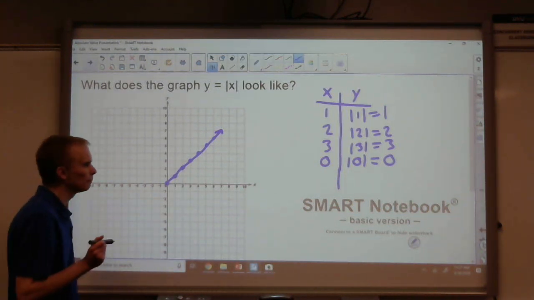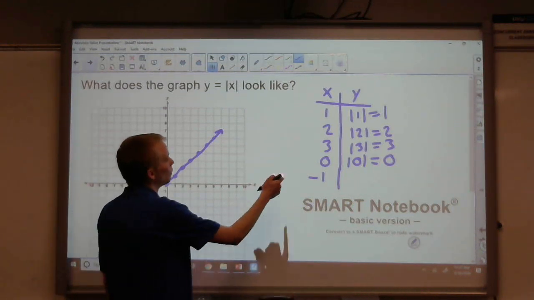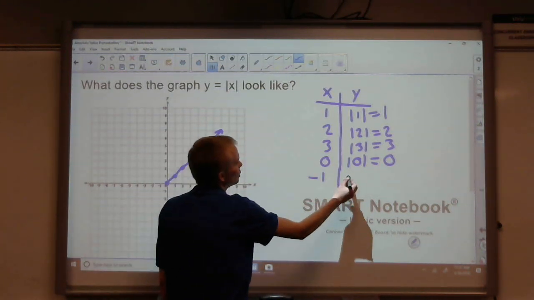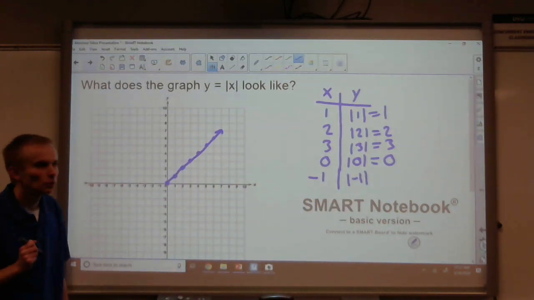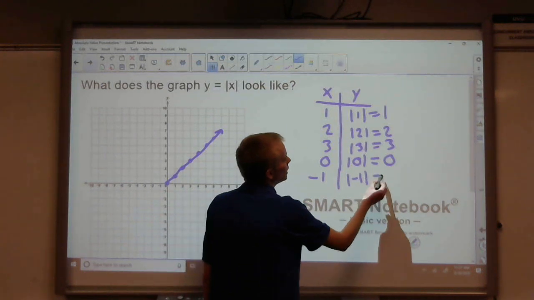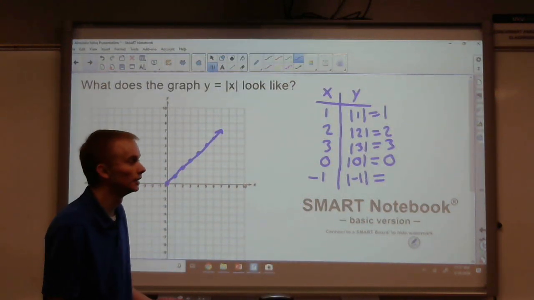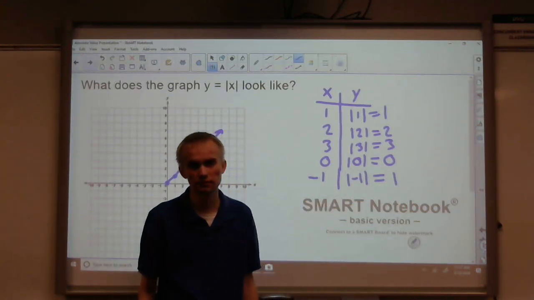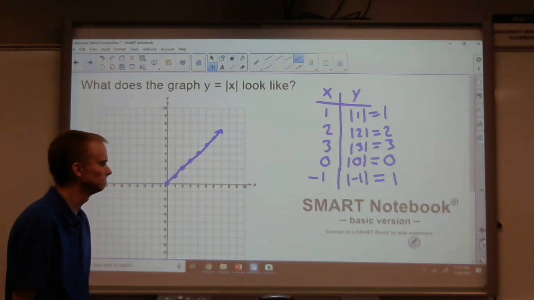But then what happens when I plug in negative 1? When I plug in negative 1 for x in this absolute value equation, I get absolute value of negative 1, which becomes, when I do absolute value of a negative number, I get a positive number, okay? I get positive 1.